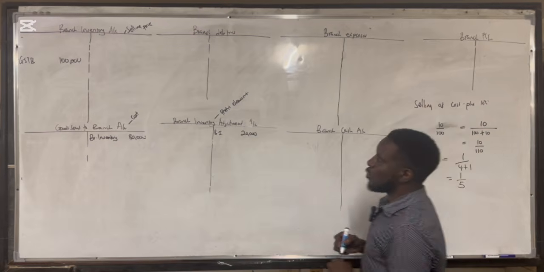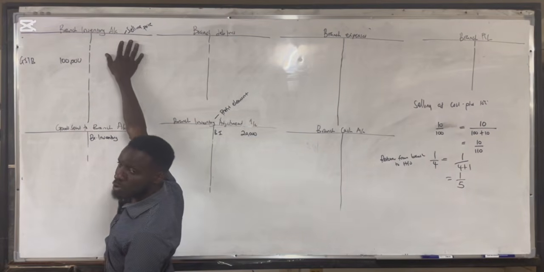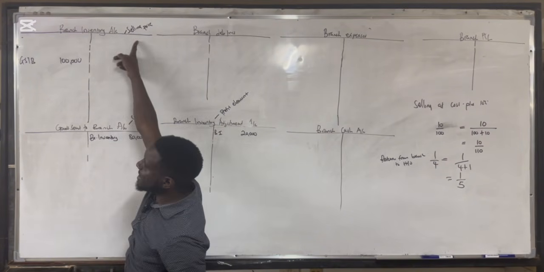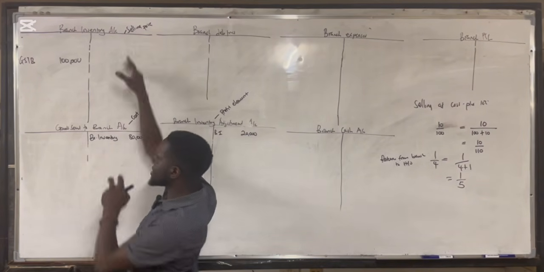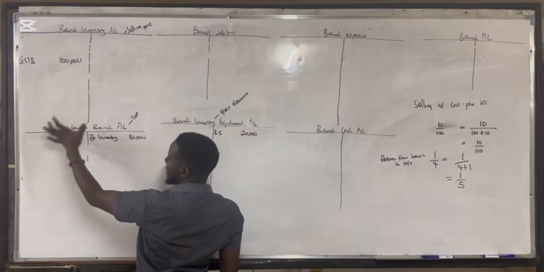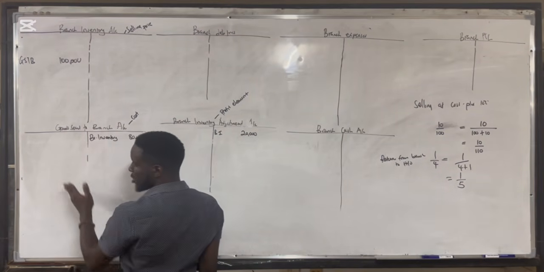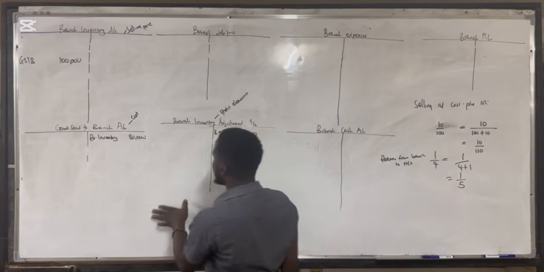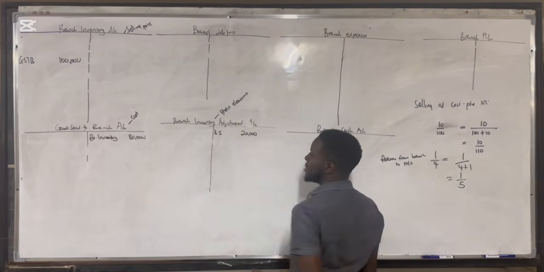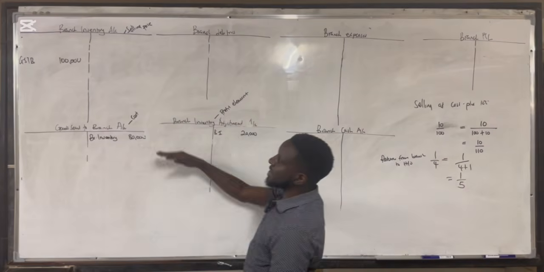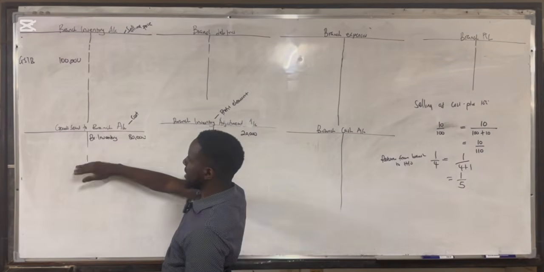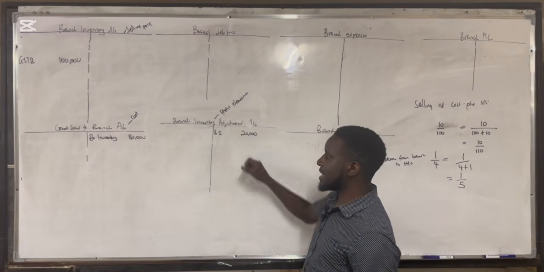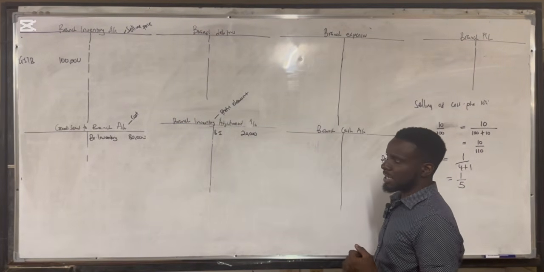Imagine you're returning goods from the branch to the head office. The returns will be at selling price in the branch inventory account. But in the goods sent to branch account, you take out the profit element, record the cost here, and the profit element will be recorded in the branch inventory adjustment account.